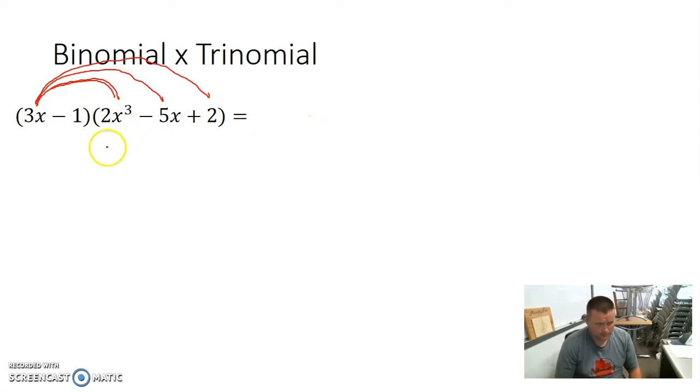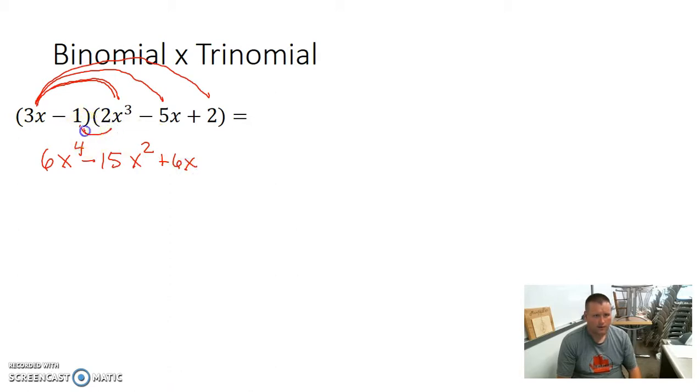It's just more. So 3x times 2x to the third gives me 6x to the fourth. Then I go 3x times negative 5x, which is going to give me negative 15x to the second. And then I'm going to go 3x times 2, which is going to give me positive 6x. Then I do the same thing here.